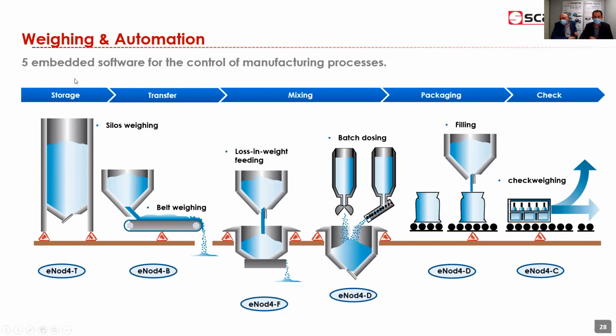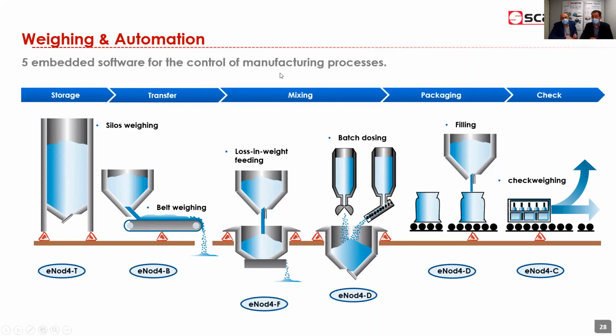At first, the storage for raw materials, or anything on which you can use an eNod4T like a transmitter. Then you have the material transfer from the storage to the process line, in which you can use an eNod4B for belt weighing.